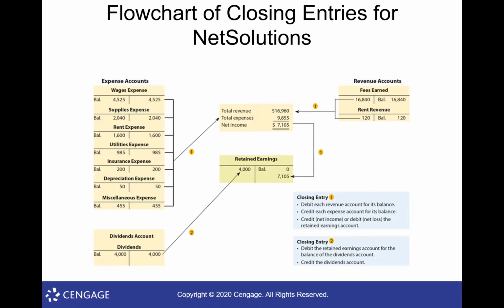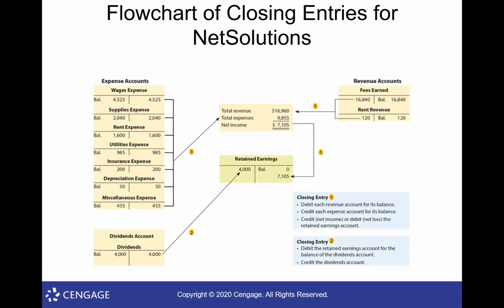Okay? Then we're going to look at our revenue accounts. We had two of them, if you remember. One was fees earned, the other was rent revenue. They both had credit balances because credit balance is the normal balance for a revenue account. So to close those, we're going to debit the account. So fees earned will debit $16,840.